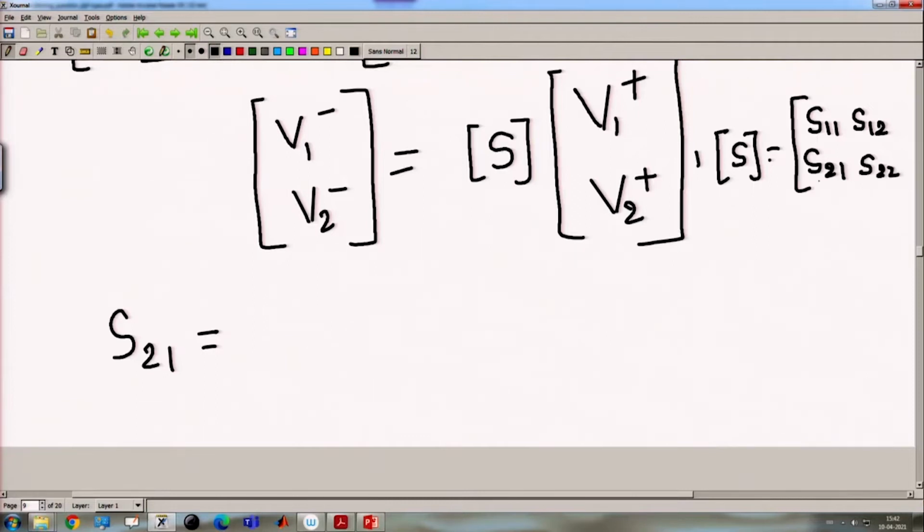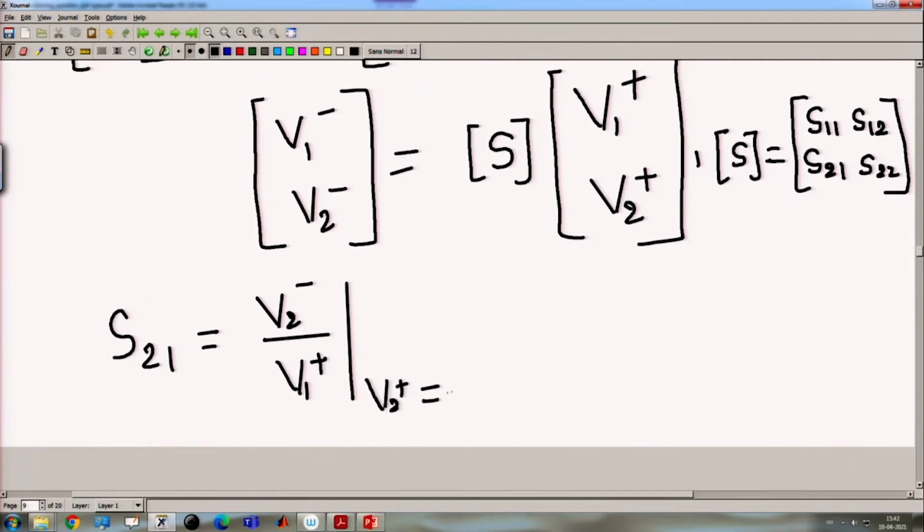S21 will be V2 minus divided by V1 plus when V2 plus equal to 0. V2 plus equal to 0 means it is terminated with a matched load.